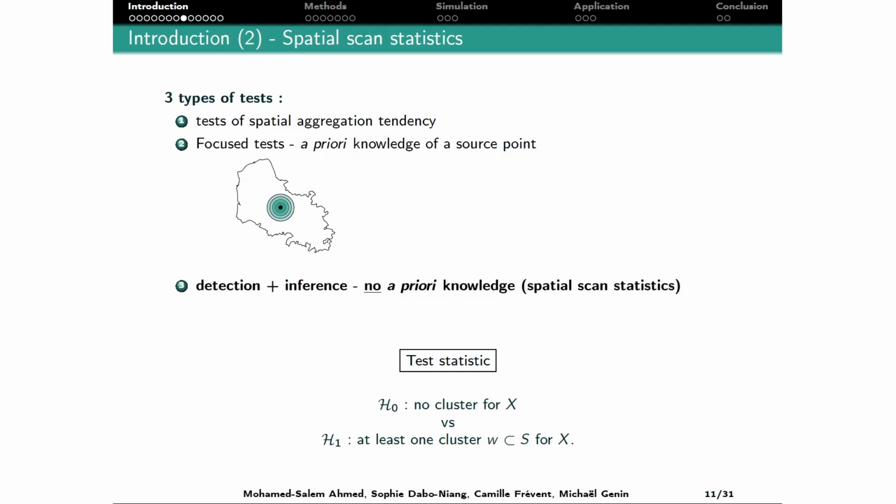You have tests of spatial aggregation tendency. Going into detail, we have tests based on a priori knowledge, where you use this a priori knowledge in the test, meaning that we know that there is a black spot somewhere, and then we use the information here to detect other clusters around.